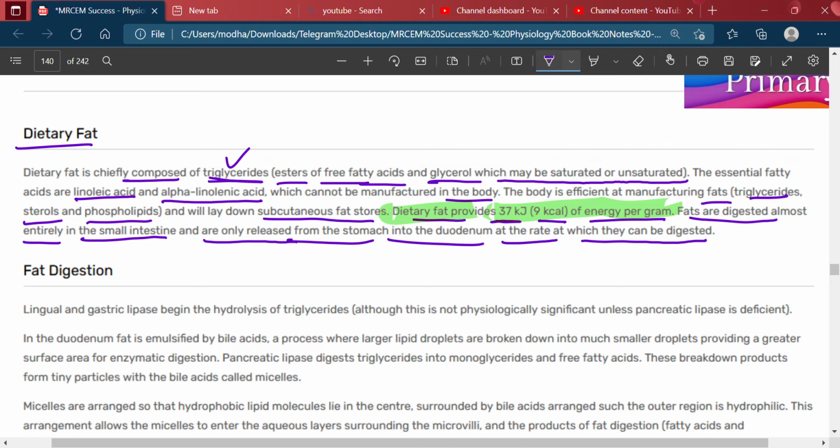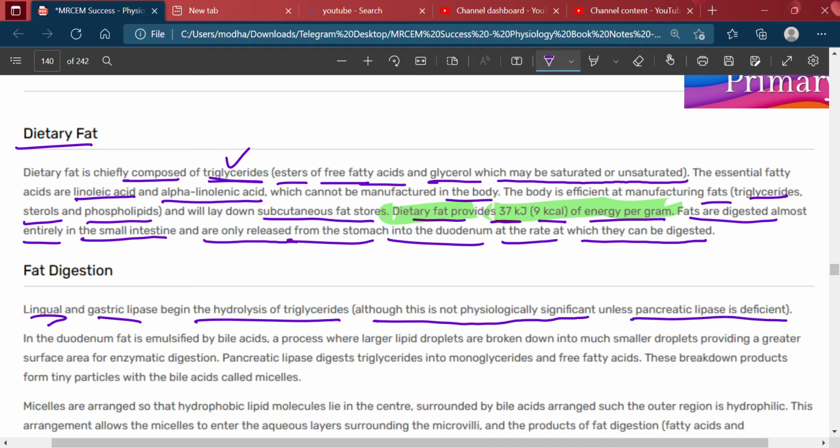Lingual lipase and gastric lipase begin the hydrolysis of triglyceride, although this is not physiologically significant unless pancreatic lipase is deficient.